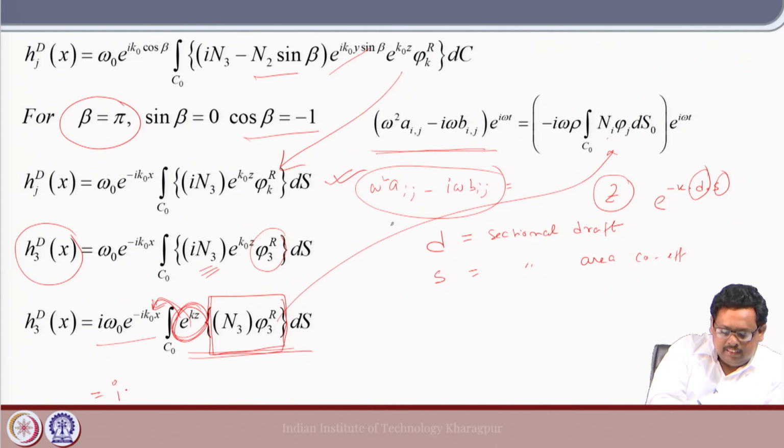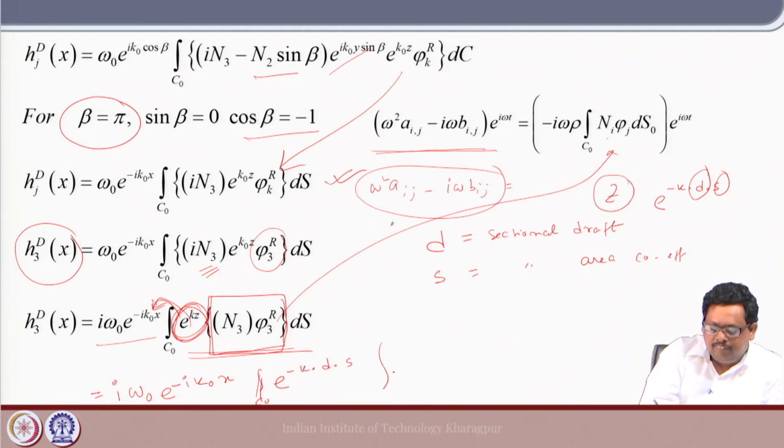Now, if I apply this, then I can rewrite this expression as follows: it is nothing but i omega 0 e to the power minus i k 0 x. Now, I have C 0 and also I can take out e to the power minus k d s, and now I have over this C 0 n 3 phi 3 ds or dc, whatever.